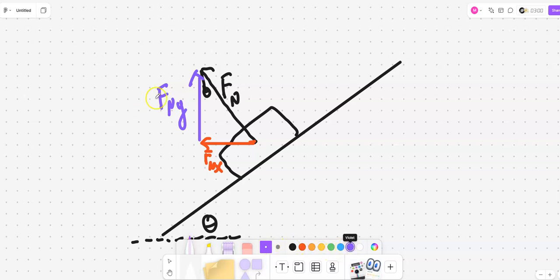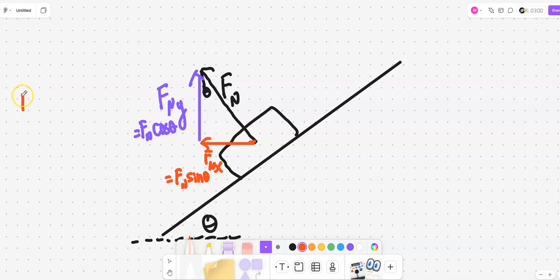Okay, so the force normal in the y direction, this is theta, this is the adjacent side, so this will be equal to force normal cosine of theta, and the x direction will be equal to, this is the opposite side, force normal sine of theta. So I'm going to write these down over here so I know this later.